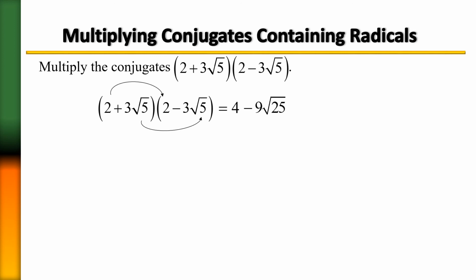That's a perfect square. Let's go ahead and solve. The square root of 25 is 5. It's going to come outside and multiply with 9 to give you negative 45. So now you have 4 minus 45. When the signs are different, subtract, take the sign from the larger number, and that's going to give us an answer of negative 41. And there you have it.